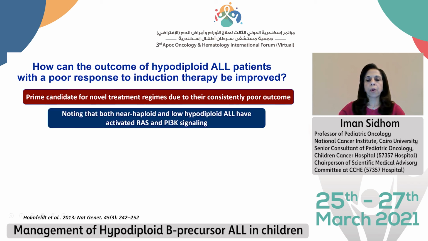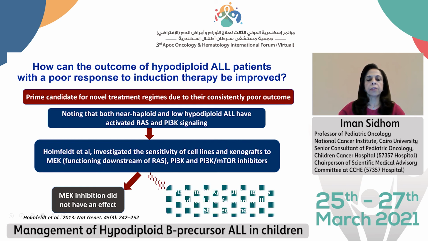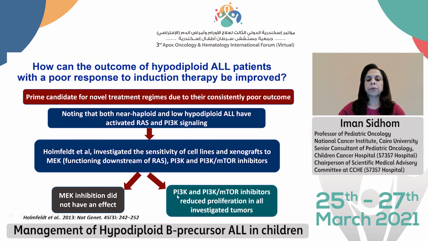Noting that both near haploid and low hypodiploid ALL have activated RAS and PI3K signaling, Holmfeldt et al. investigated the sensitivity of cell lines and xenografts to MEK inhibitors, as well as to PI3K inhibitors and dual PI3K and mTOR inhibitors. The MEK inhibition did not have an effect, while the PI3K inhibitors and the dual PI3K and mTOR inhibitors reduced proliferation in all investigated tumors.